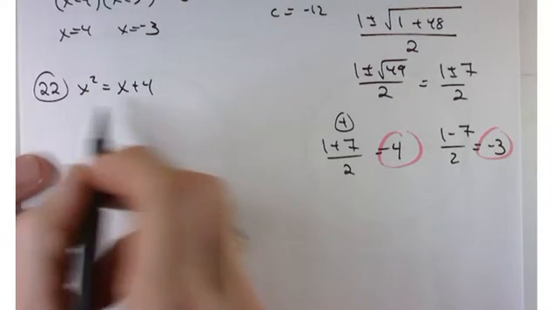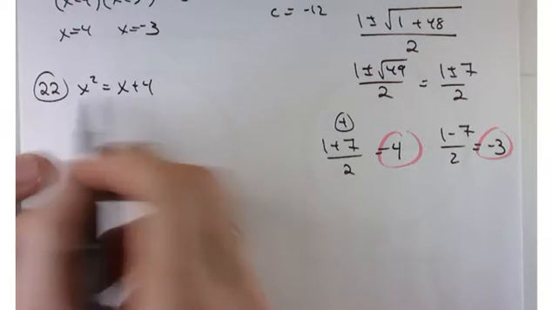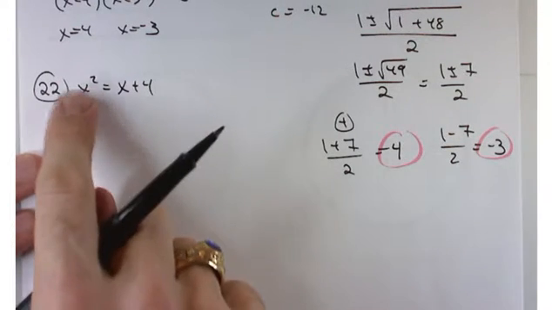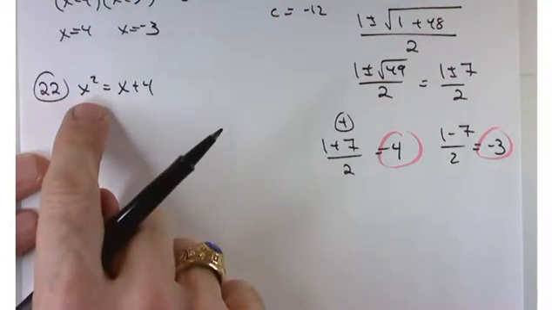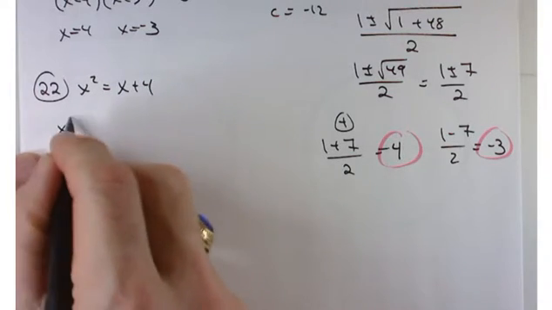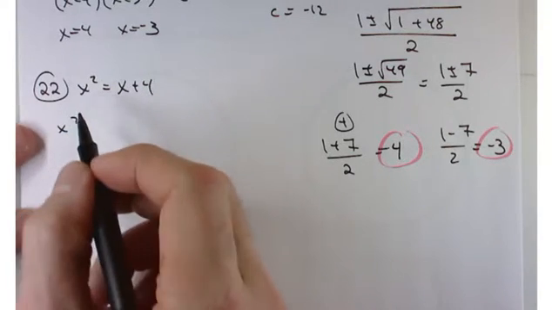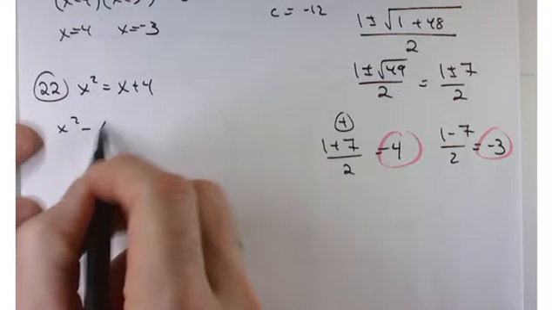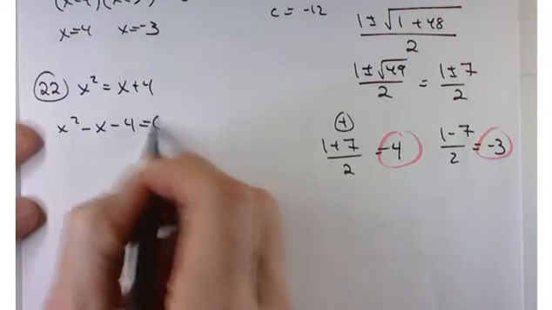So what side should I put the 0 on? The right-hand side or the left-hand side? Yeah, the right-hand side. Let's keep the x squared term positive. So if I move these over to the left-hand side, change the sign. Perfect. So x squared minus x minus 4 equals 0.